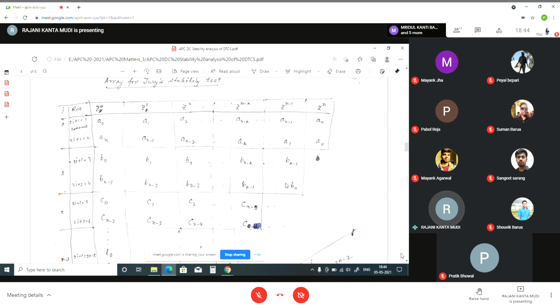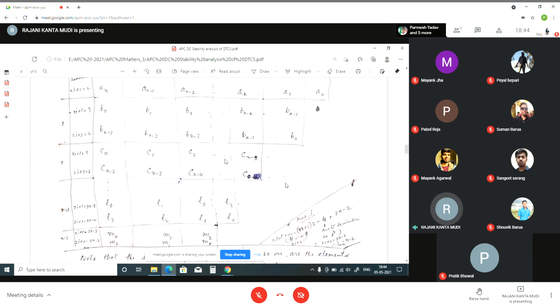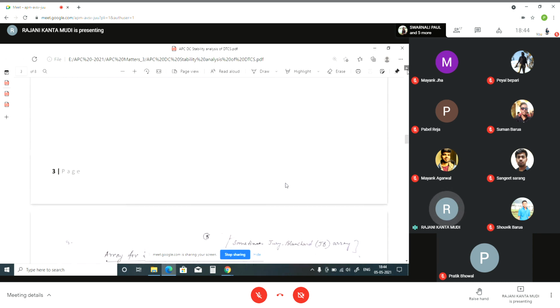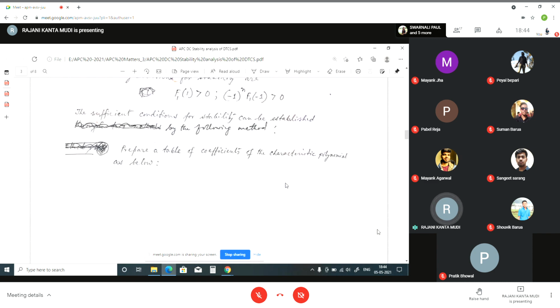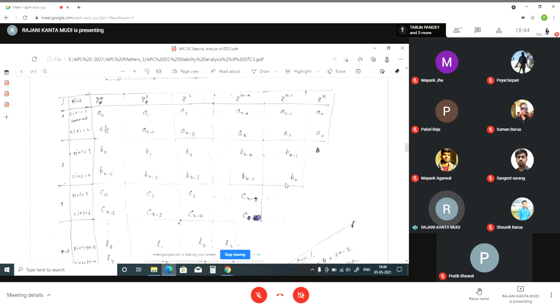complex. You may see that there are so many coefficients you have to calculate. Actually, that depends on the order of the polynomial or characteristic equation. If it is a third order polynomial, you see that only 0, 1, 2, and 3, three terms will be there.